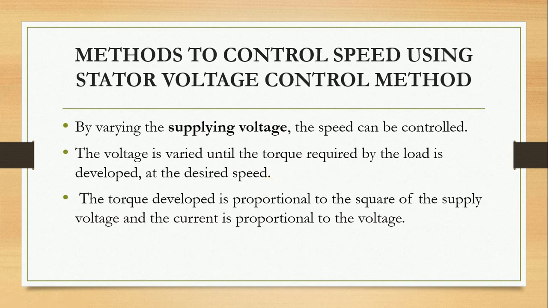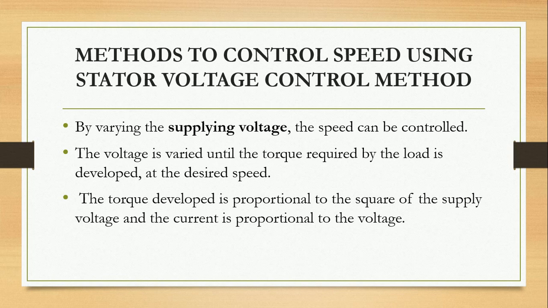Let us see how to control speed using the stator voltage control method. By varying the supply voltage, the speed can be controlled. The voltage is varied until the torque required by the load is developed at the desired speed.